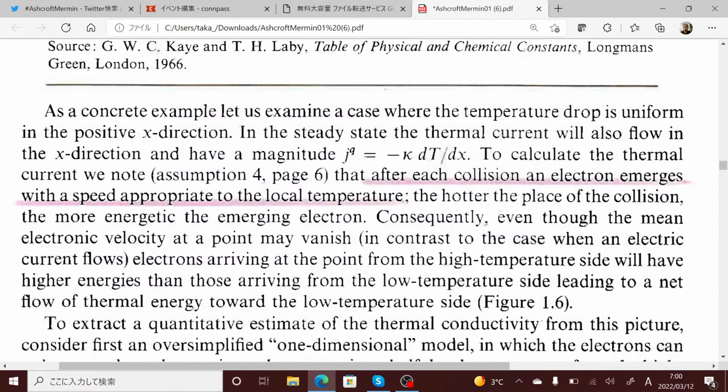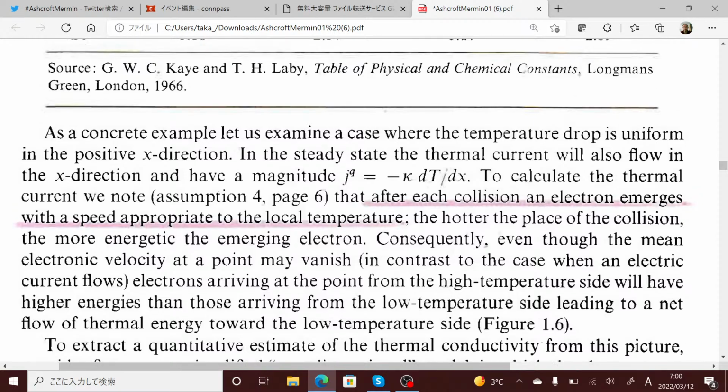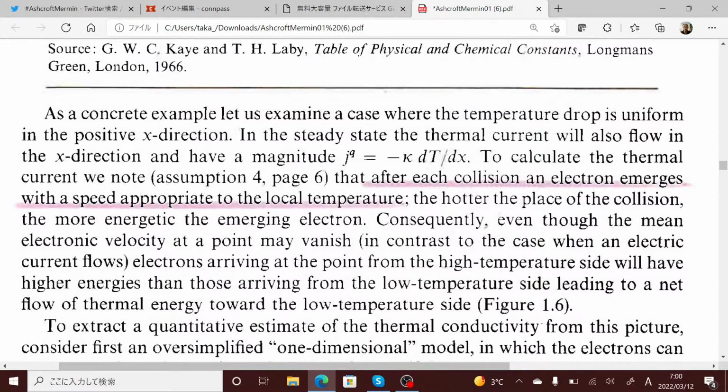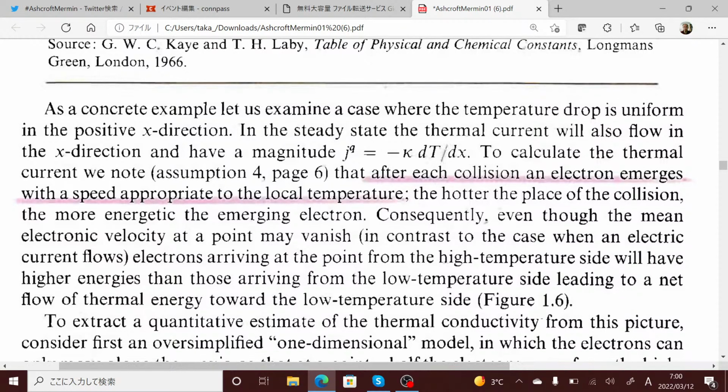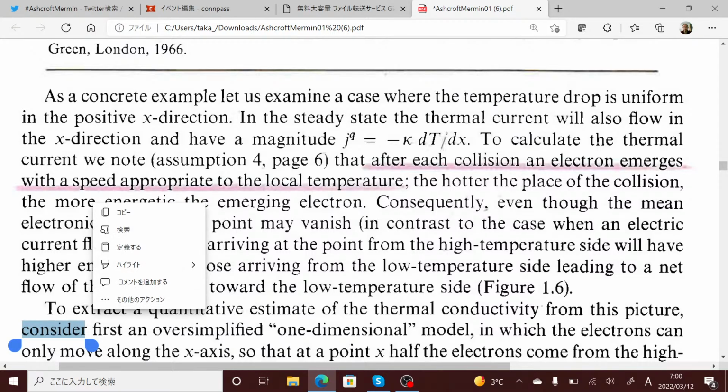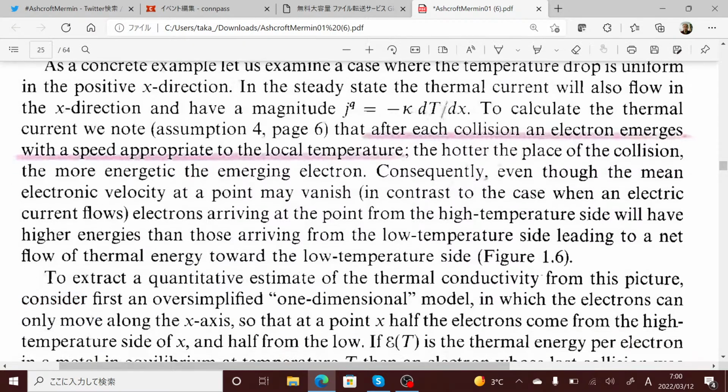To calculate the thermal current, we note assumption 4, page 6, that after each collision, an electron emerges with a speed appropriate to the local temperature. The hotter the place of the collision, the more energetic the emerging electron.